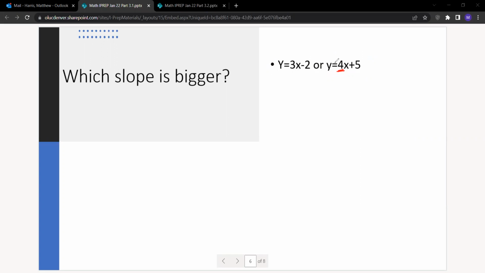So therefore, this one has a bigger slope. What about this problem? y equals x plus 5, or y equals 1/2 of x plus 23. Which one has a bigger slope? If you said this one, you are correct, because this one has a slope of 1, and this one has a slope of 1/2, and 1 is bigger than 1/2, right?